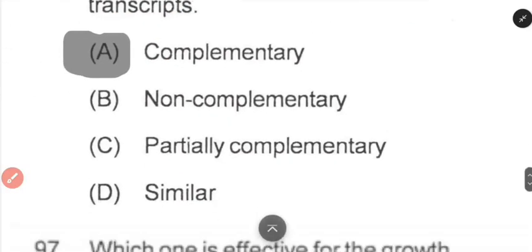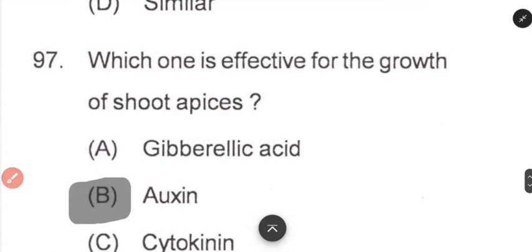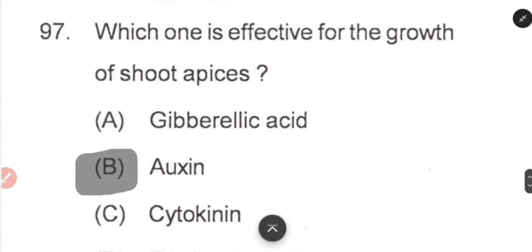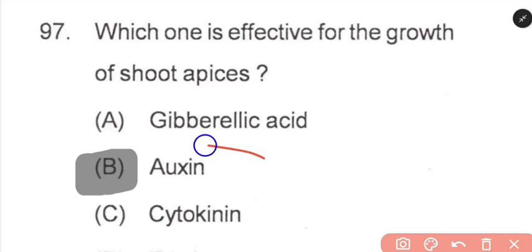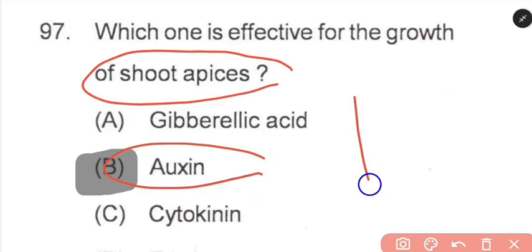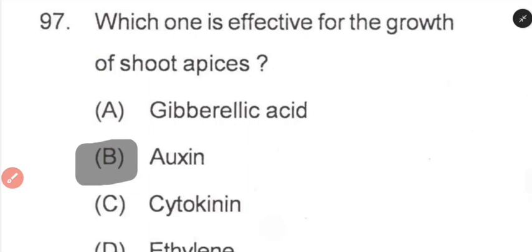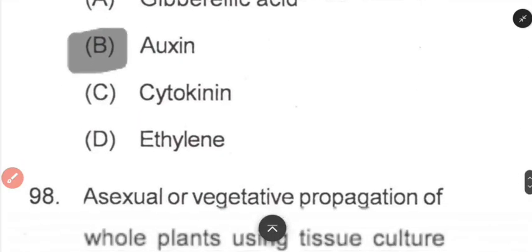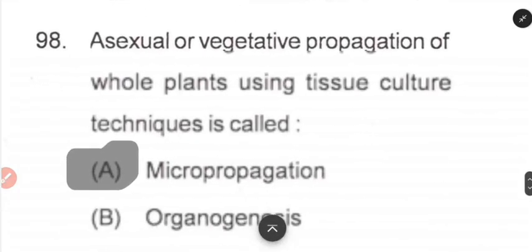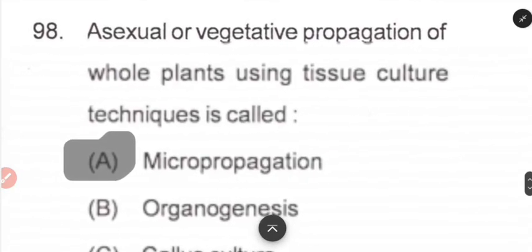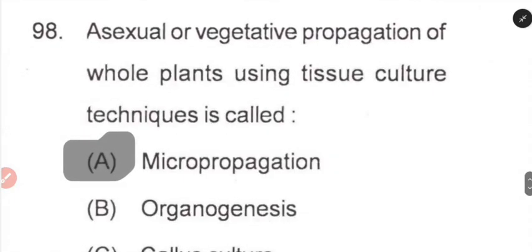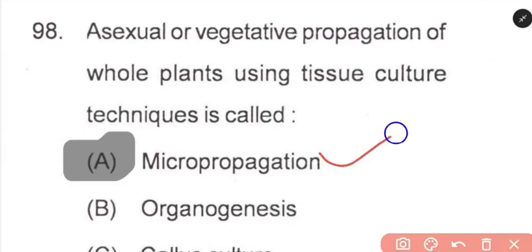Next, which one is effective for the growth of shoot apices? The plant hormone auxin is responsible for the growth of shoot apices. Then, asexual or vegetative propagation of whole plants using tissue culture technique is also called micropropagation.